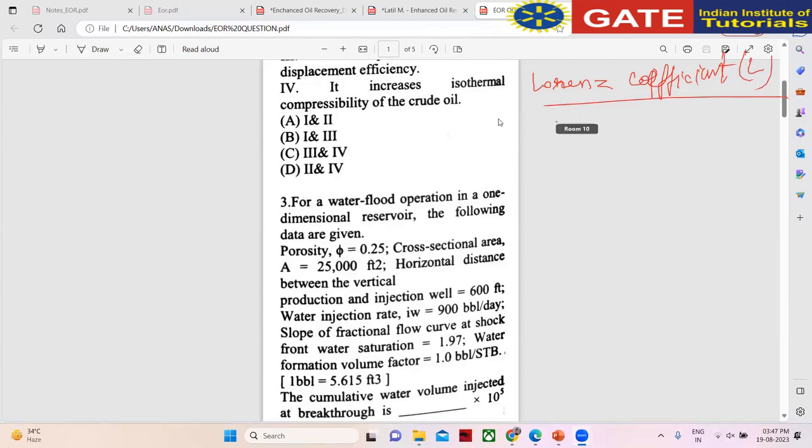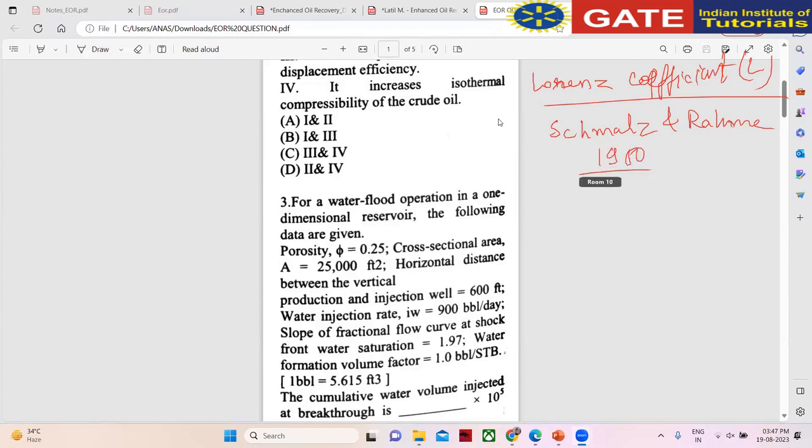So there are two scientists, Schmalz and Rahme, who gave that concept in 1950.